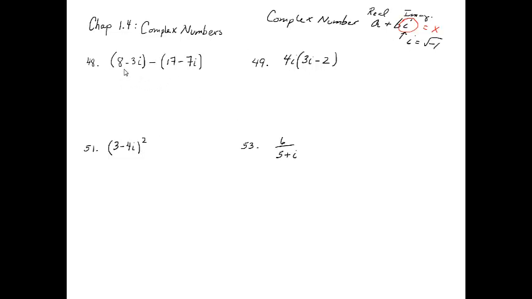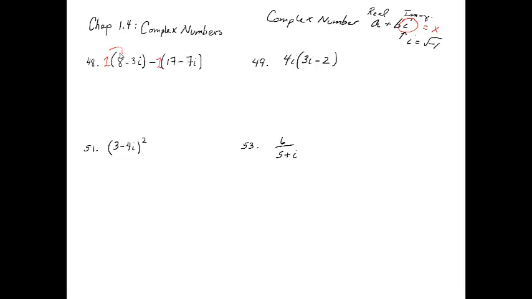So first of all, I see I have 8 minus 3i in parentheses minus the quantity 17 minus 7i. So first I need to eliminate these parentheses. Well, what's on the outside of this parentheses? A positive 1. What's on the outside of this one? A negative 1. So this positive 1, I can just ignore these parentheses and drop off because nothing's going to change.